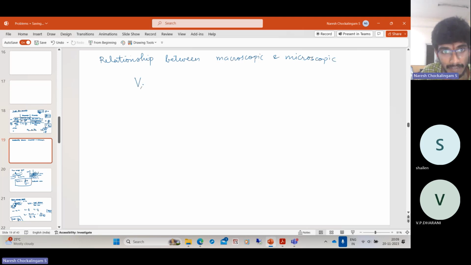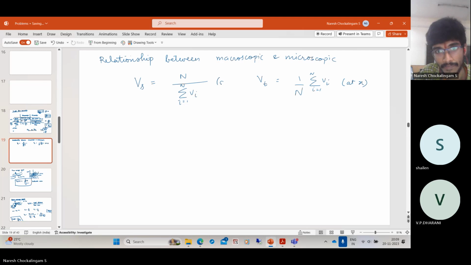The space average speed is the harmonic mean, which is n divided by the summation over i equal to 1 to n of 1 by vi. The time average speed is 1 by n times the summation of vi, the arithmetic mean, i going from 1 to n. This is at a given x, and this is at a given time. These are spot speeds, which are microscopic characteristics, and the left-hand side is macroscopic characteristics.